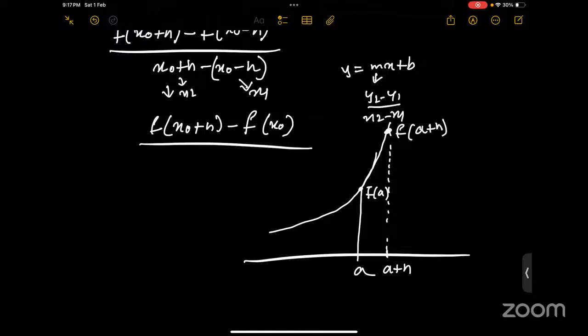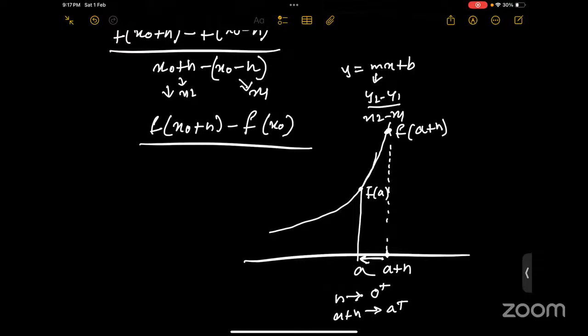Then we can move the point towards A. Like when h will be tending to 0 from the positive side, then a plus h will be tending to A from the positive side, right? That means we are taking this point and eventually the point is tending towards the point A, right? Is it clear?